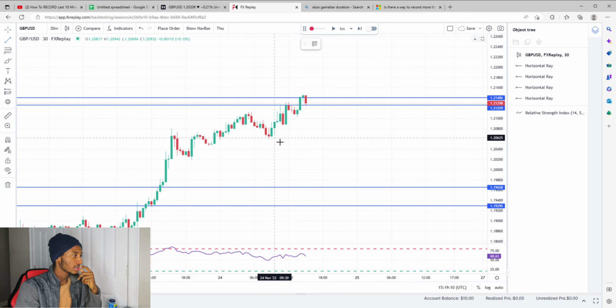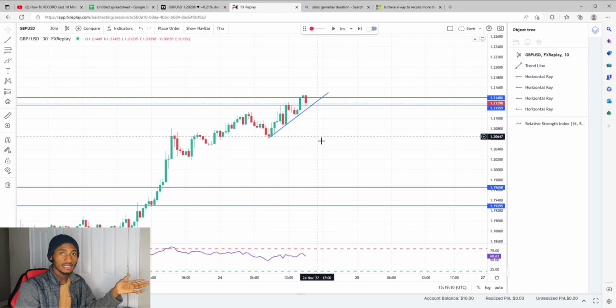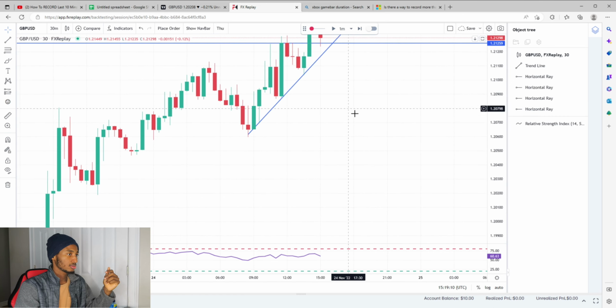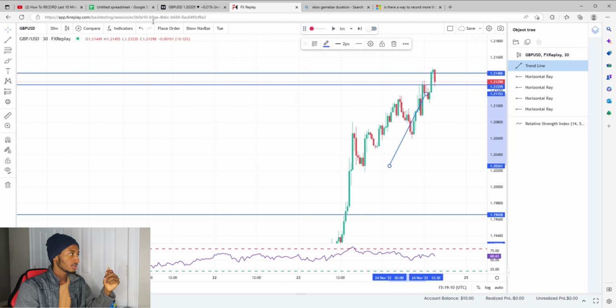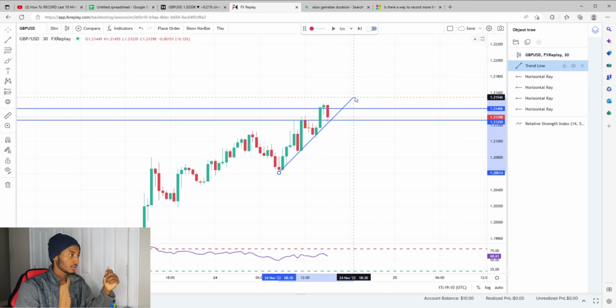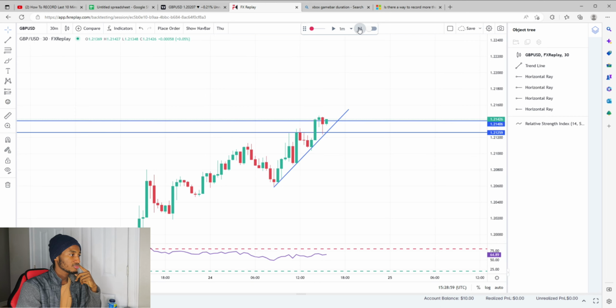So on the 30 minutes, all I see is this level, right? So I'm going to wait for market to break that level. As soon as it breaks that level, we're going to enter.